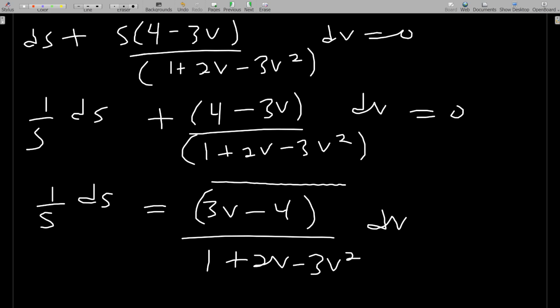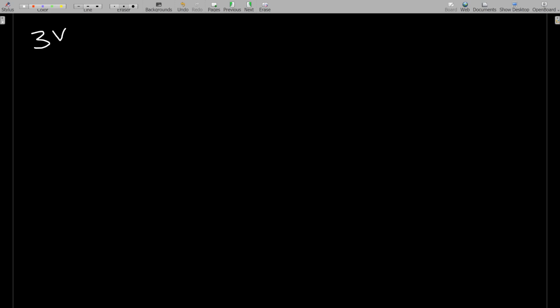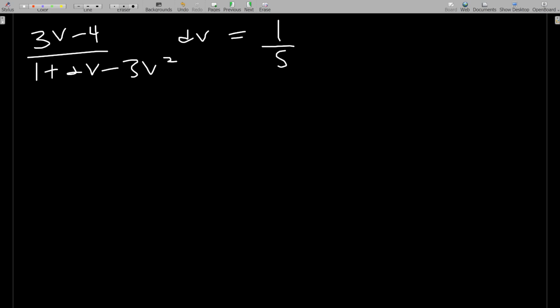Therefore, if I put whatever is at the right back to the left and the left to the right, it's still the same thing. So in effect, I have 3v minus 4 over 1 plus 2v minus 3v squared dv should be equal to 1 over s ds. I would have done this, but I didn't want to confuse you. That is why I always try to do it like that.